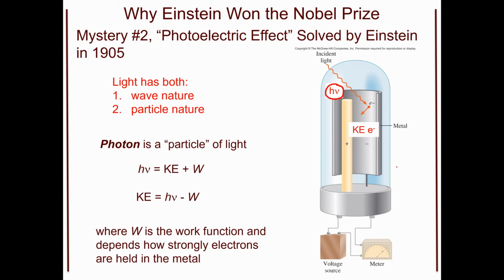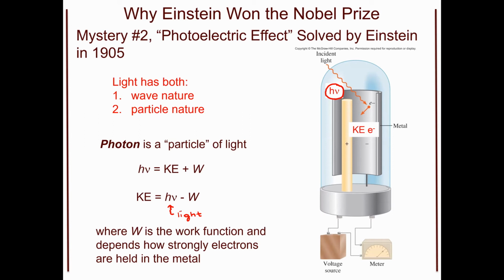But how does this mean anything to us? Well, as you can see, I've rearranged this equation for better understanding. So notice that we have our h nu. This is our incident light coming in. If we have a low energy light and we try to subtract the work function from that, if we end up with a negative kinetic energy, this means that we will have no electron removed.